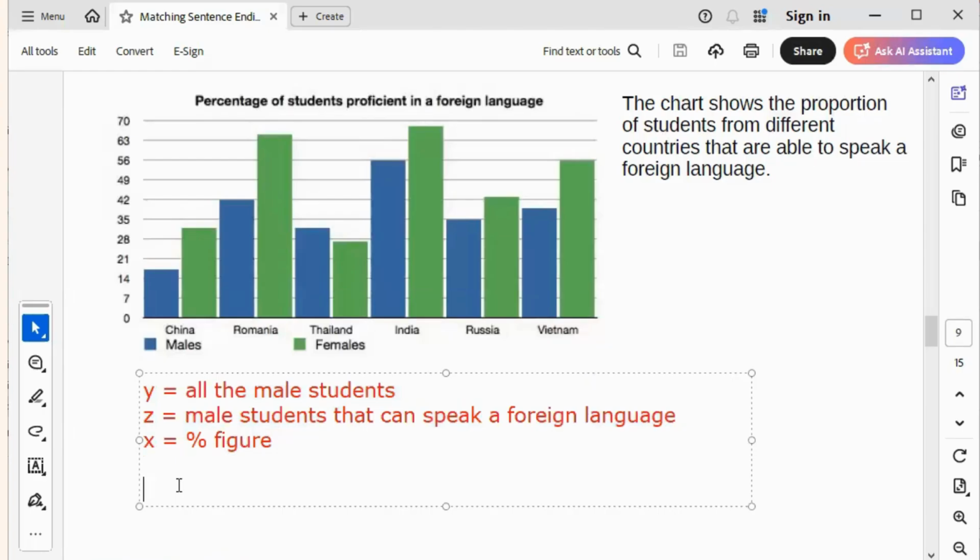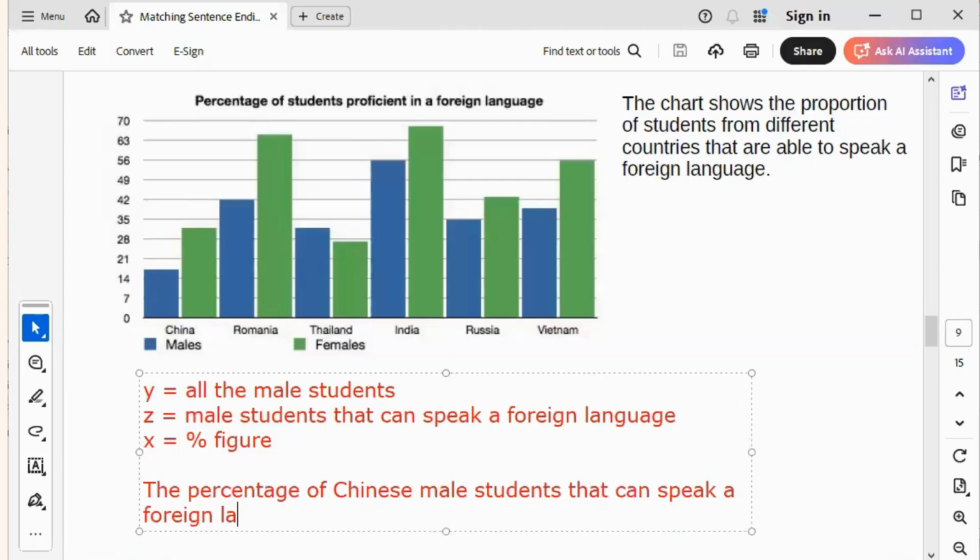The percentage of Chinese male students that can speak a foreign language is what? 17%.